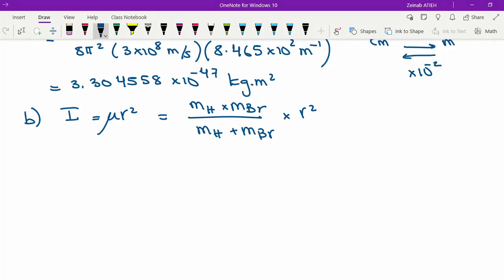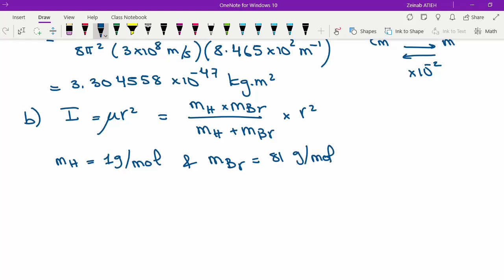So for H, if I'm going to consider 1 mole of hydrogen atoms, it's equal to 1 gram per mole. So 1 mole of hydrogen atoms has a mass of 1 gram, and the mass of 1 mole of Br atoms is equal to 81 gram per mole.